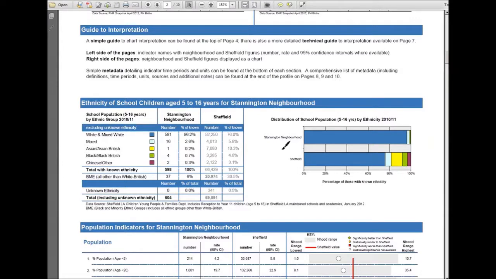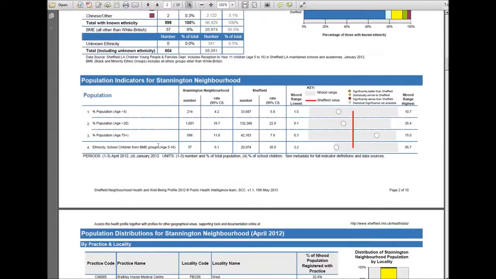And as you can see here, for Sheffield, there is probably about 75% of the population roughly is white, whereas for Stannington, more than 95% of the population is white. You can see for Sheffield there are significant numbers of ethnic minorities, whereas for the Stannington population that's not true.